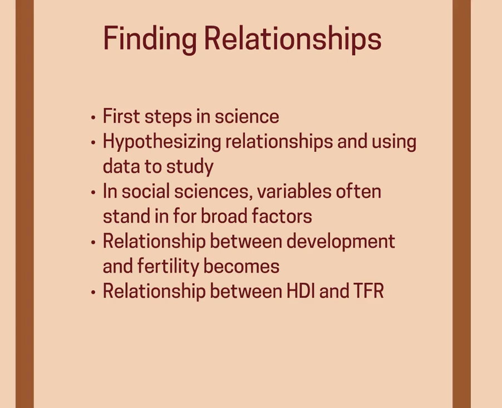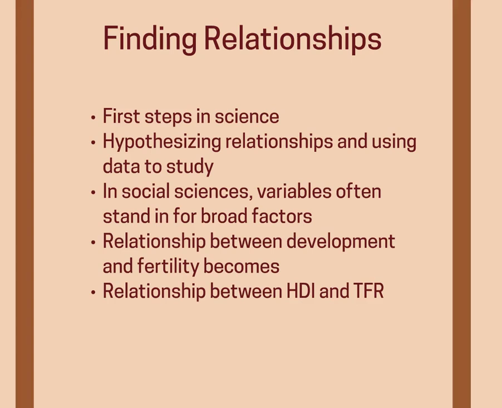The first thing that generally a scientist does is hypothesize about a relationship between one aspect of the world and another. And in the case of the social sciences, and in the case of geography and the studies of development, like we're talking about right now, it's usually different aspects of development that might be related to one another.